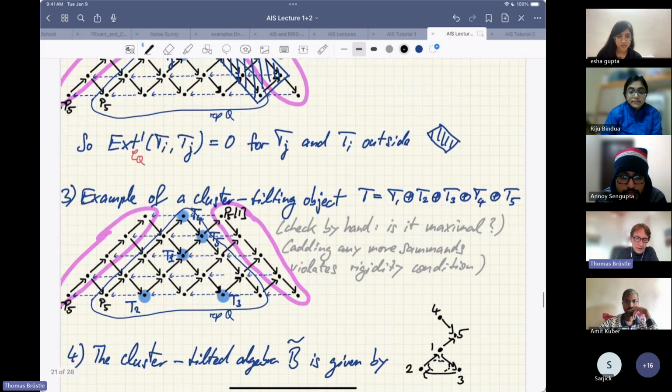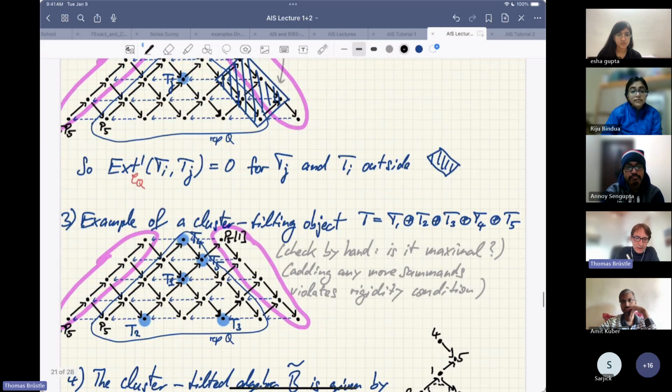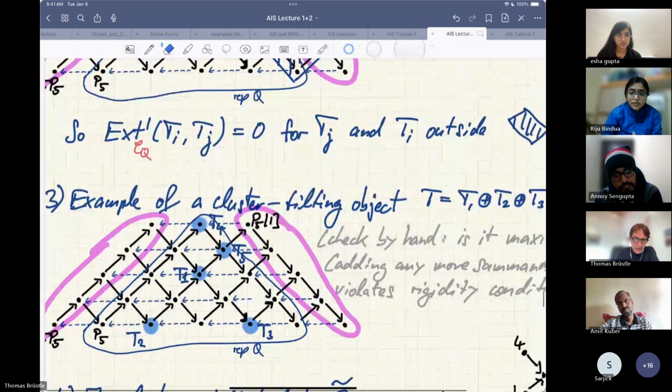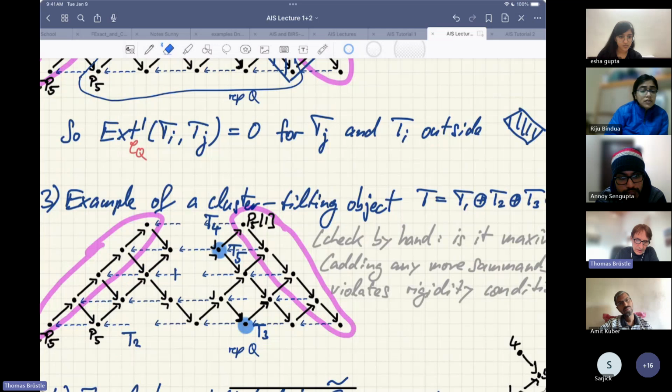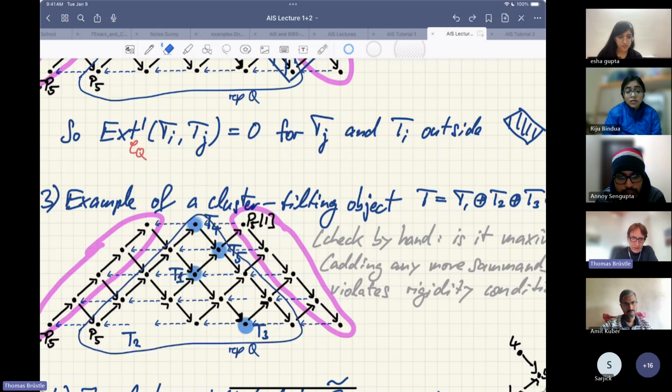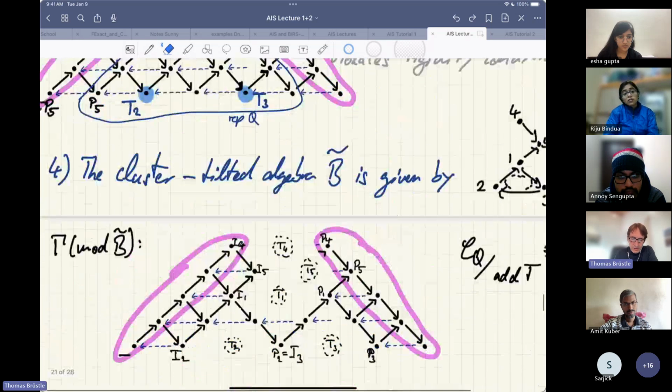So what do I do here? I'm in the cluster category, and I simply delete these 5 vertices and all the morphisms attached to them. And if I do that carefully, then you obtain this category.